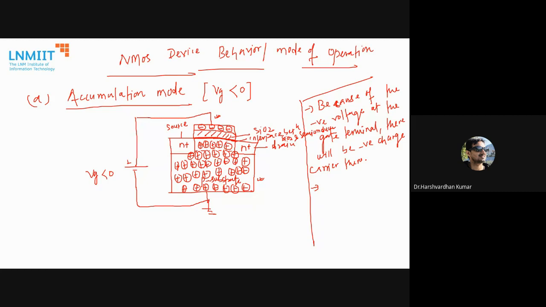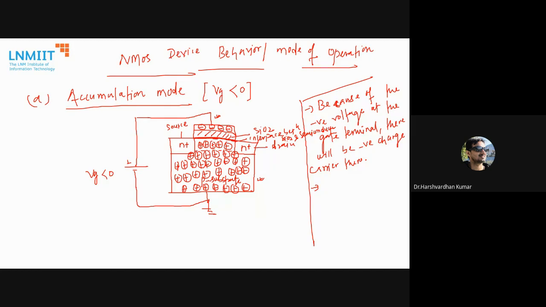So it will attract them just below the interface layer, right? Any doubt here? The positive charge carriers will accumulate just below the interface between the SiO2 layer and the semiconductor layer.